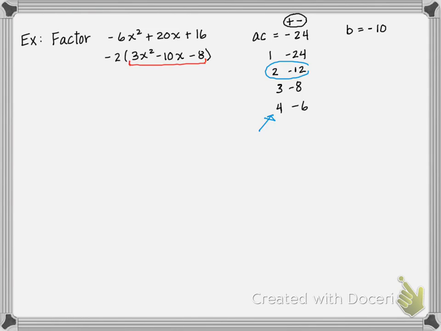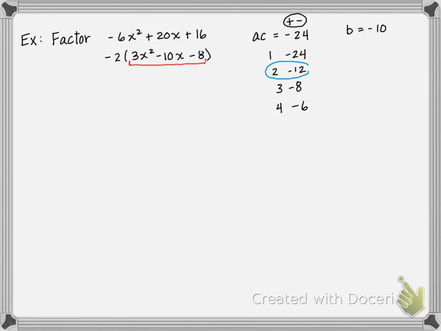But if you did -4 and -6, those would add to -10. However, they wouldn't multiply to -24. They'd multiply to +24. It can be tempting, if you don't decide ahead of time, to change signs to make B work and then mess up AC without meaning to.